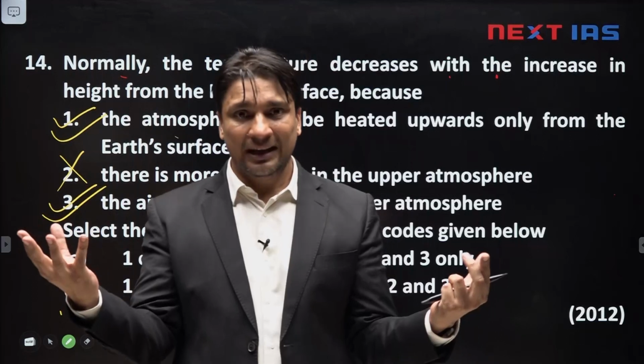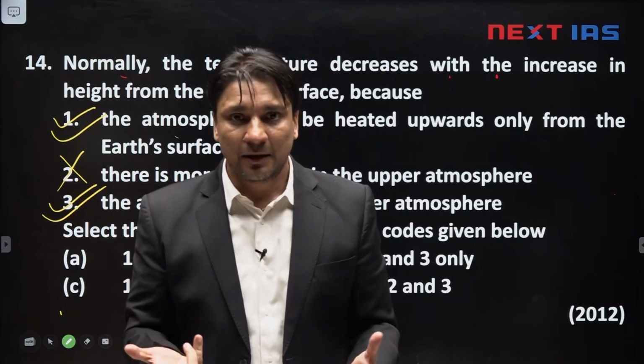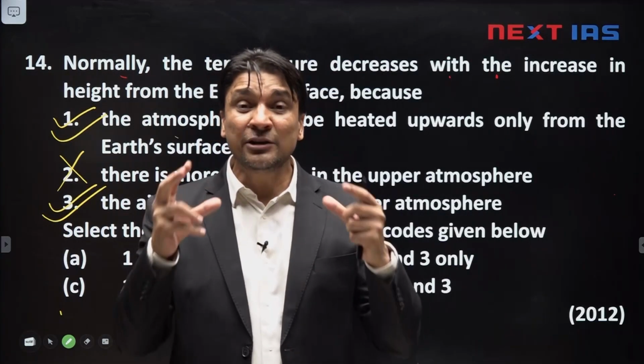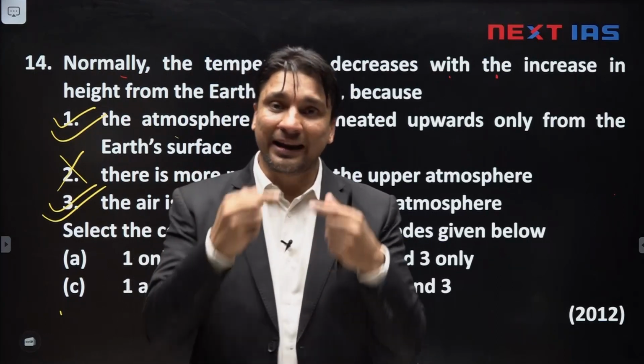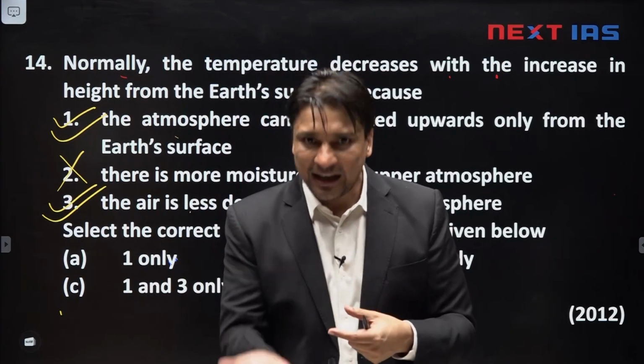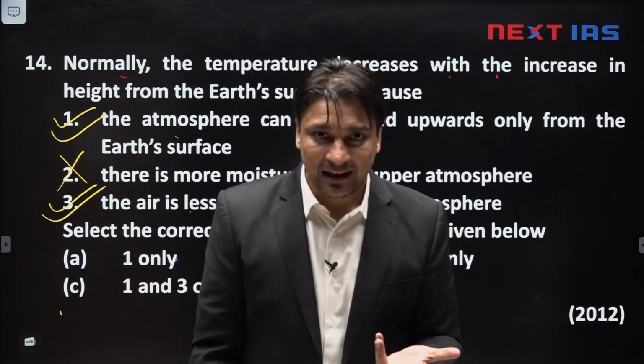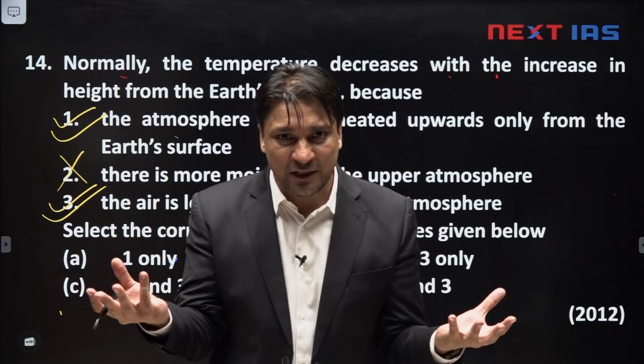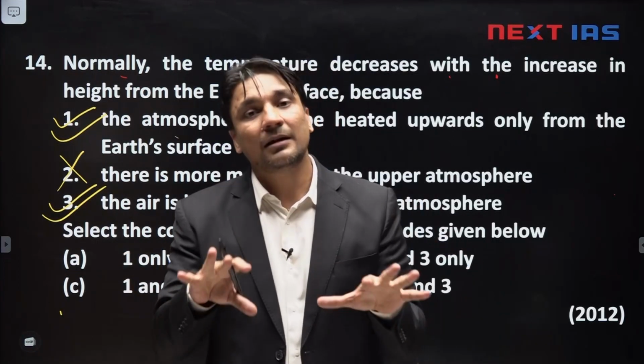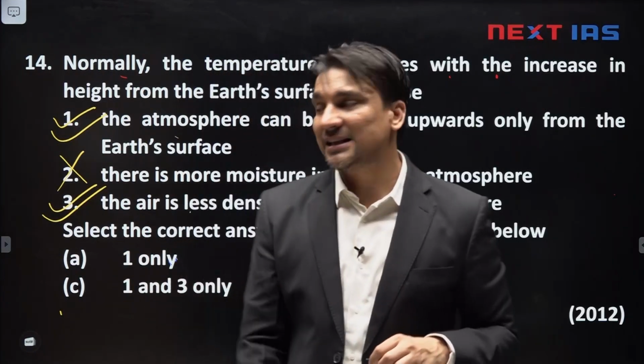Re-radiation of heat in the form of infrared rays by the greenhouse gases is the main source of heating in the lower layers of the atmosphere. With height, as the density of greenhouse gases decreases, the re-radiation of heat decreases, and that is the main reason why temperature decreases with height.